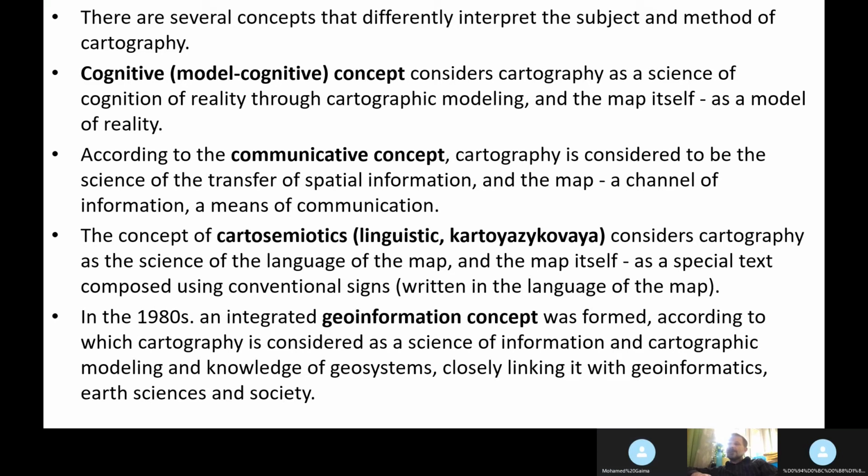This geoinformation concept in my opinion can be the final result of convergence of these earlier conceptions, and it has all these ideas inside it.